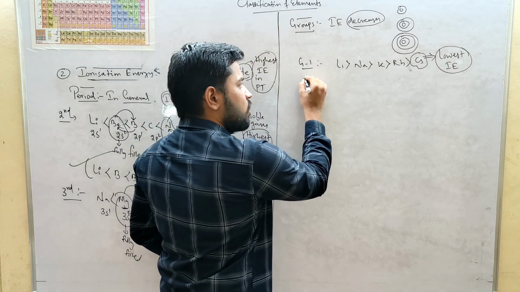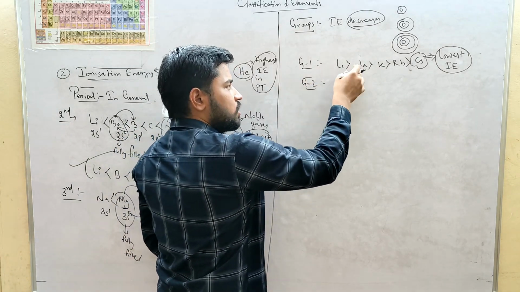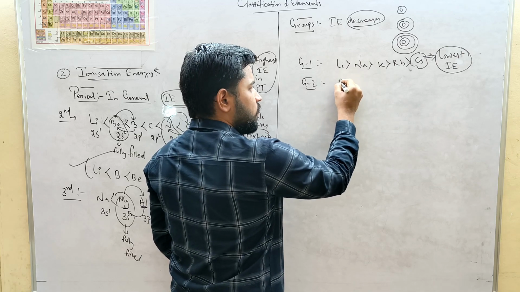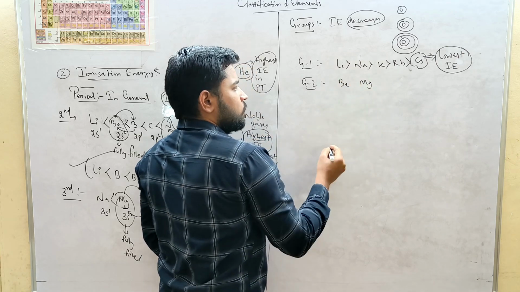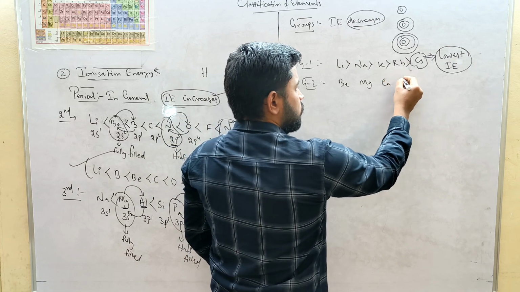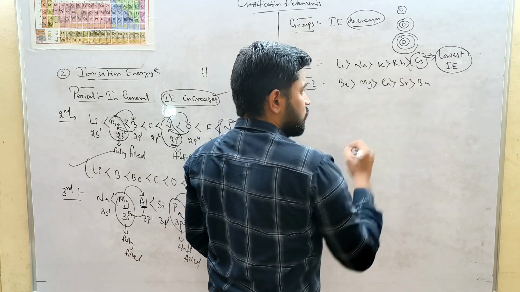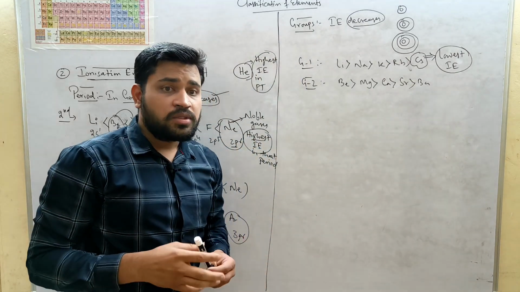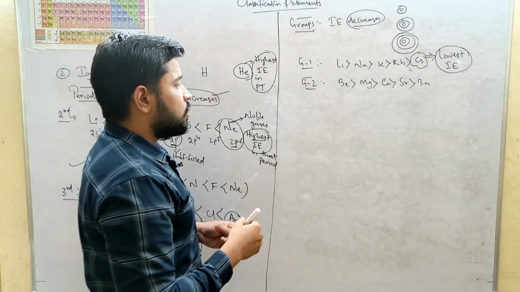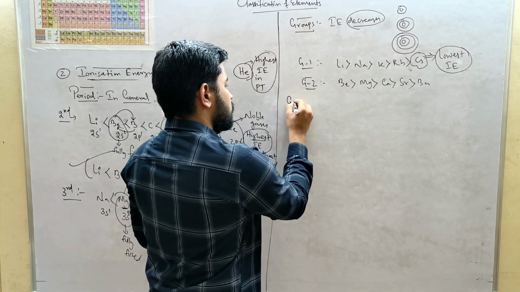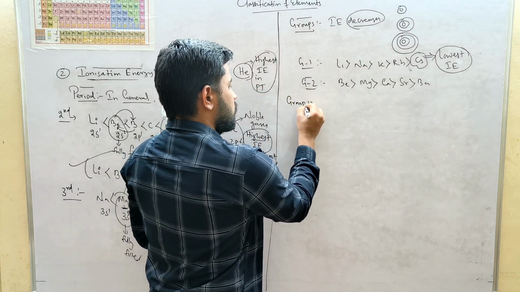Similarly, we will see for group 2 elements. In group 2, you can see beryllium, magnesium, calcium, strontium, barium. Here also you are going to see the same trend. But here we will have some exceptions related to group 13 elements.